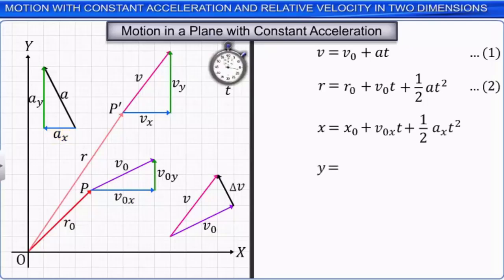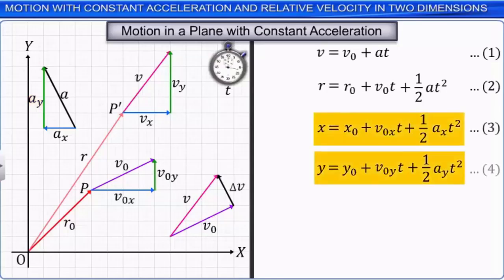Let this be equation 3 and 4. These equations imply that a body can have two independent simultaneous motions in x and y directions with constant acceleration. Similar equations can be written for three-dimensional motion also.